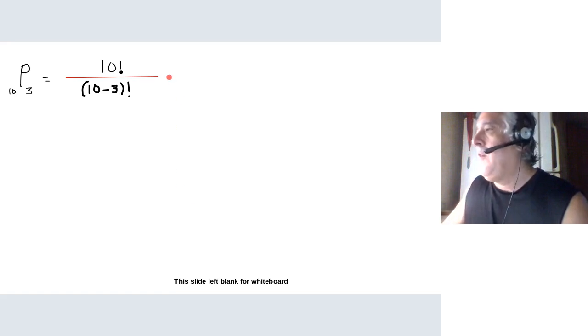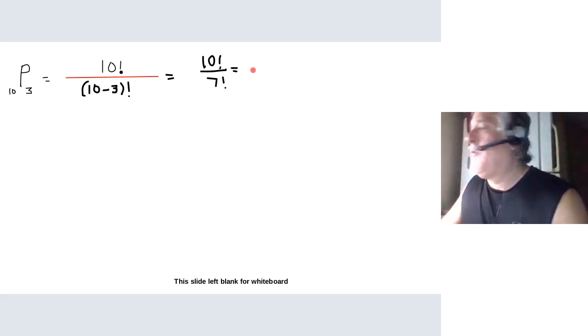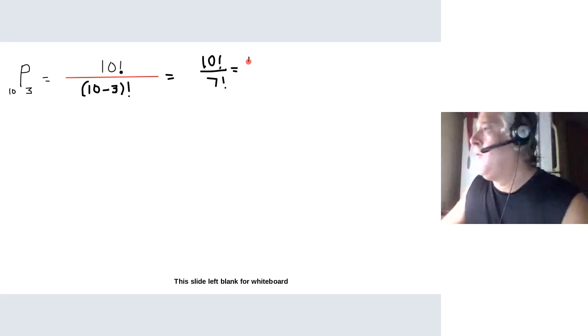So that means this is equal to 10 factorial over 7 factorial. All right, so what does that mean? Like I said, you don't have to go through all this, and I'm going to show you a shorter way in just a second. But 10 factorial, like we saw, was 10 times 9 times 8.